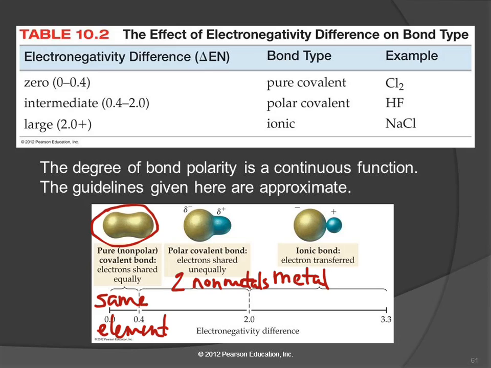Polar covalent. So if you look at a bond, if the two elements are the same element, that's a nonpolar covalent bond. If the two elements are different, but they're both nonmetals, it's polar covalent. If one element is a metal, it's an ionic bond. Any questions?